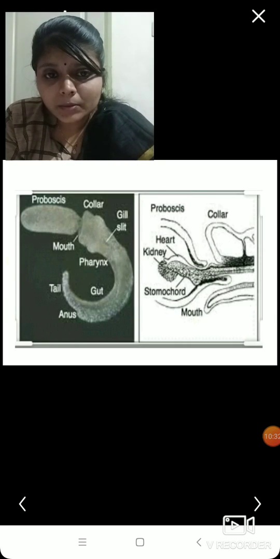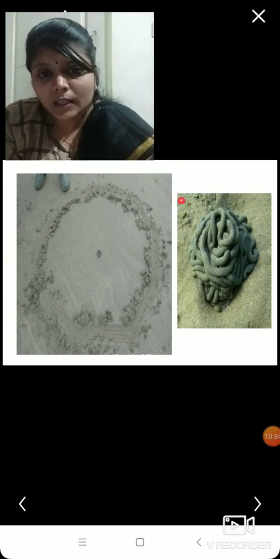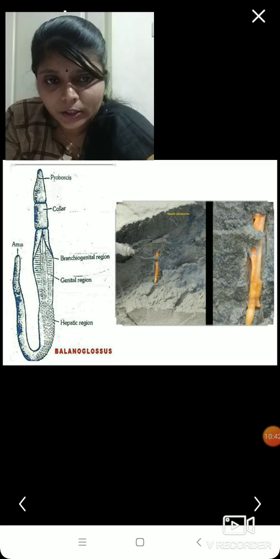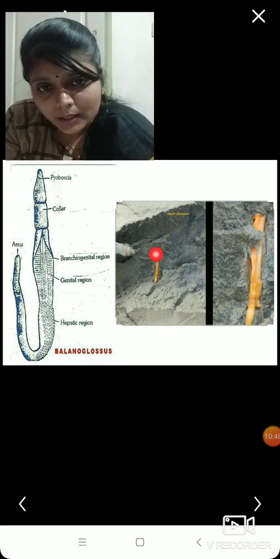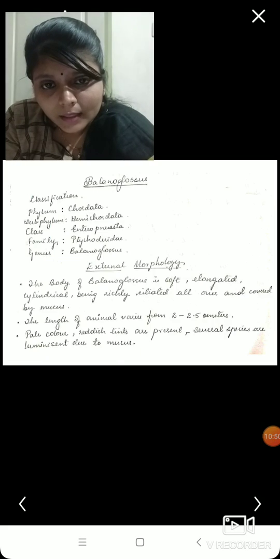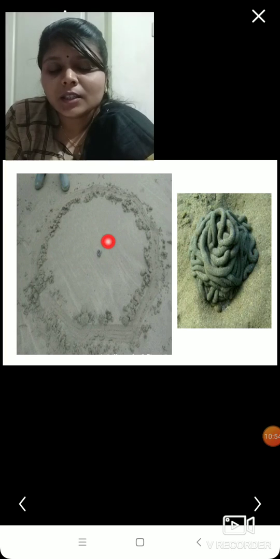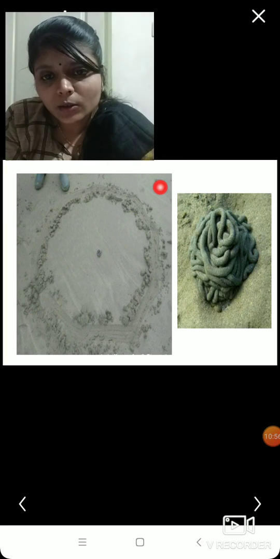Now, what is this picture which I was telling you about in between? If the animal is burrowed inside the sand, as shown in the first picture, it will form a U-shaped tunnel. Once the entry has happened, at the end it is going to leave its castings. On the ground, it looks like this.